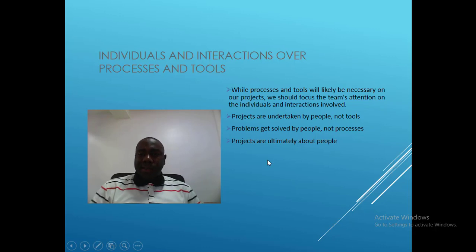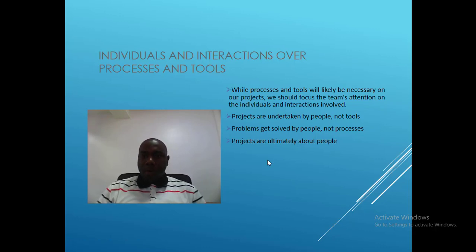While processes and tools will likely be necessary on our projects, we should focus the team's attention on the individuals and interactions involved. It's very important. Projects are done by human beings, so effort should be focused on individuals and their interaction.